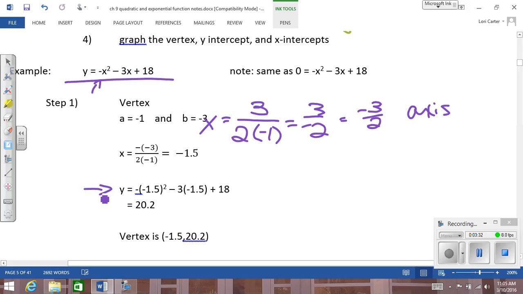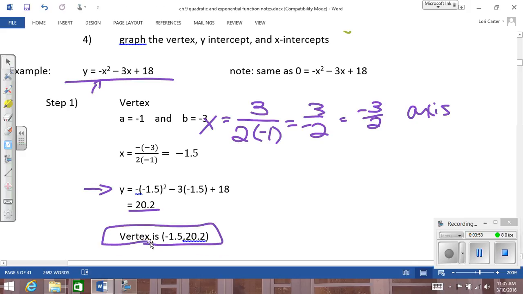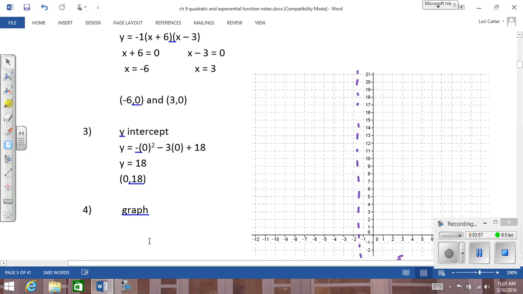Type that into your calculator and you're going to get 20.25. What did we just find? The vertex. So negative 1.5, 20.25 is your vertex. So go to 20.25, negative 1.5, and put your dot.